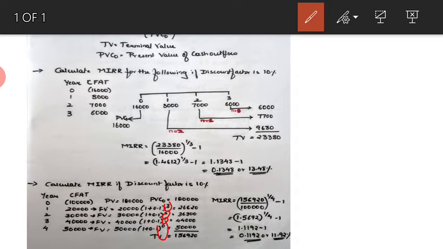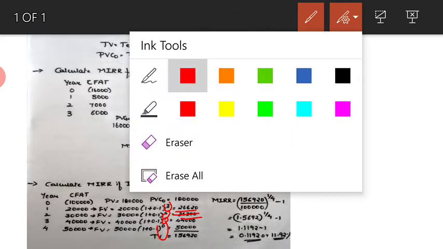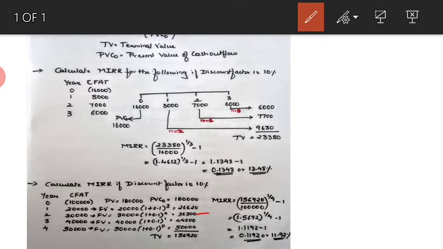Then solve it. 20,000 into 1 plus 0.10 raised to 3, and multiply. You get the future values of the cash flows, that is 26,620, then 36,300, then 44,000 and 50,000. Once you get this, add all these future values because we have to calculate the terminal value.